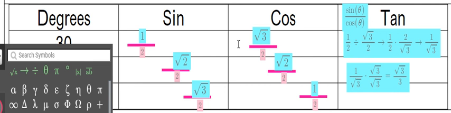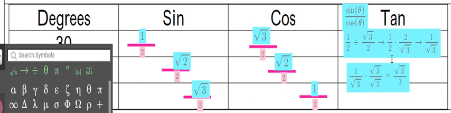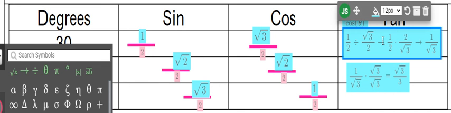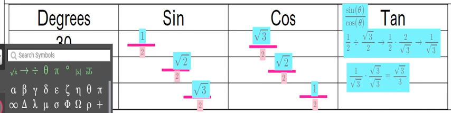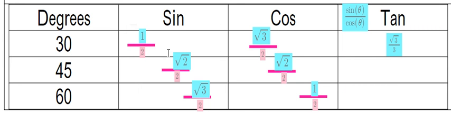And if you know the sine and the cosine, you can always use those values to find tangent. So I'm going to put all this stuff off to the side and just put my answer for tangent in the box. Now, when we go to 45 degrees, the sine of 45 is radical 2 over 2. The cosine is radical 2 over 2.